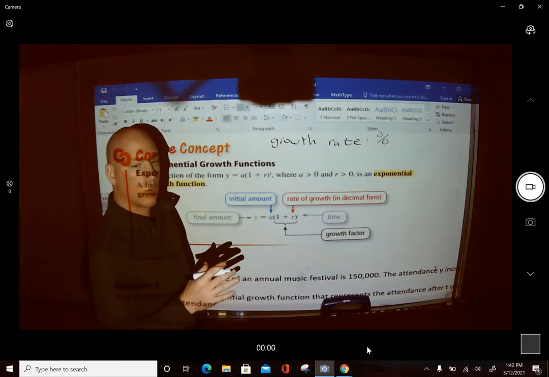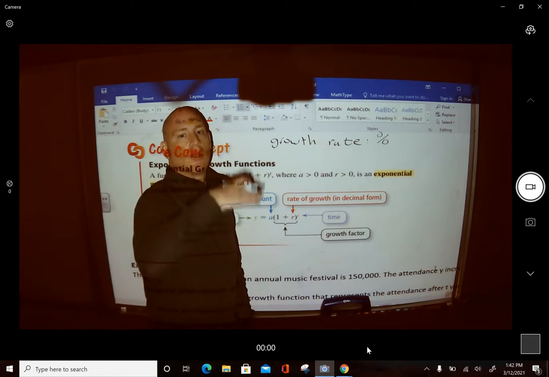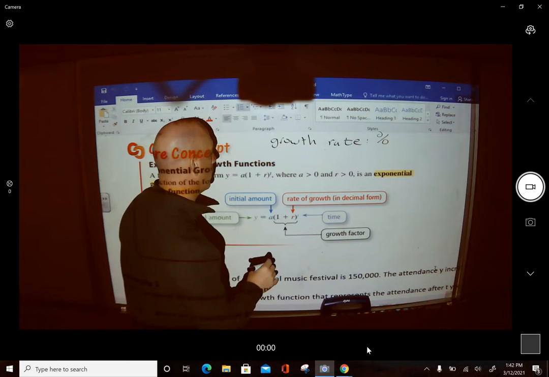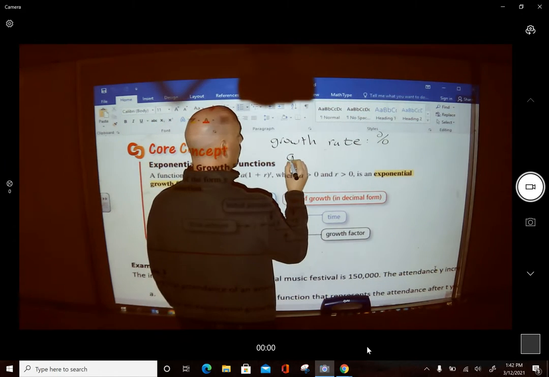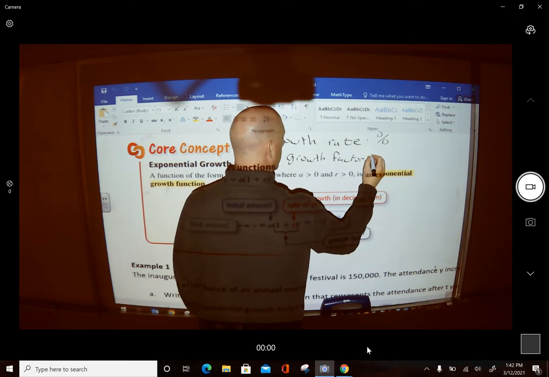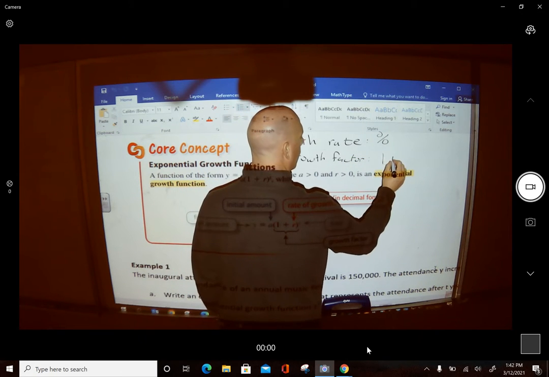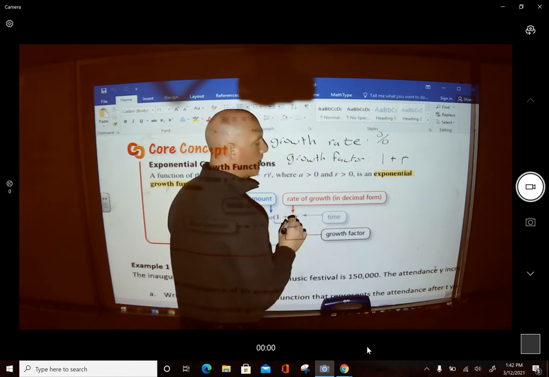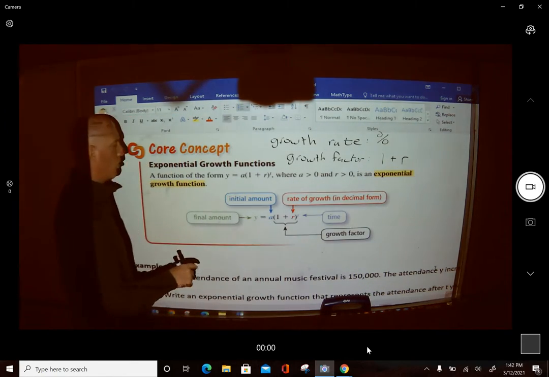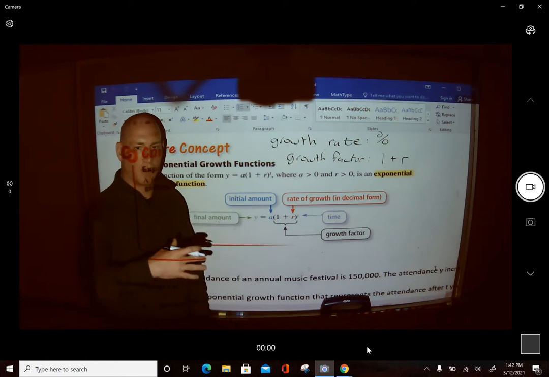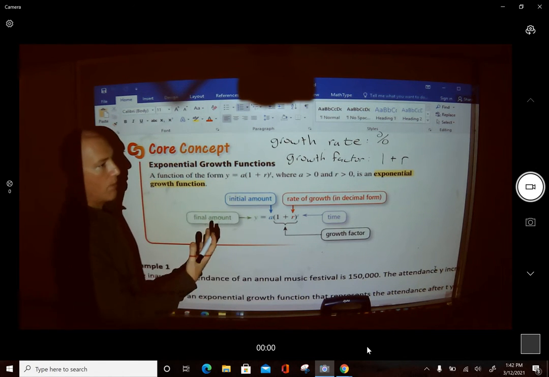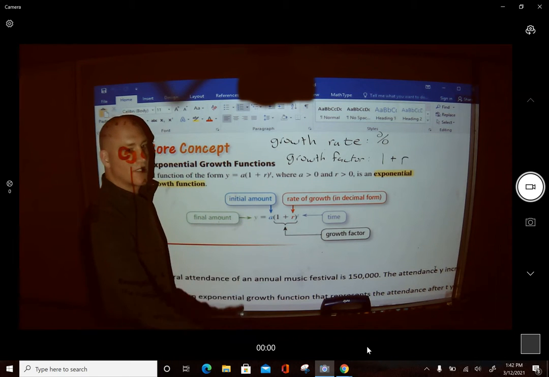Now, since we're growing, we're going to be bigger than 100%. And remember, 100% is represented as 1. So to get our growth factor, you just take 1 plus whatever your rate was. And that's what shows up in this formula. So now, if we know we're going to have exponential growth, say you're reading a story problem that says you have some amount that is growing at a certain percentage.